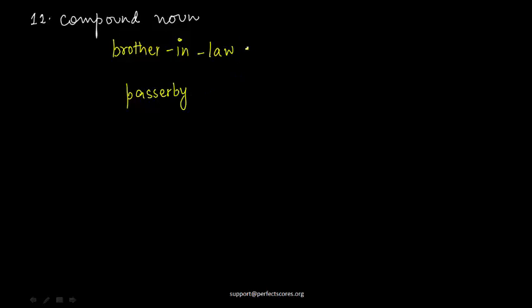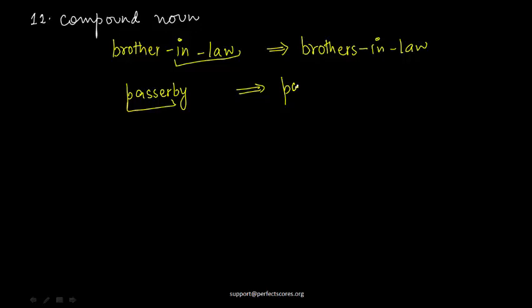Alright, now brother-in-law will not be converted into brother-in-laws because in-law is helping you define something about the brother. So instead, brother-in-law will get converted into brothers-in-law, or basically brothers by law. Similarly, passerby will not get converted to passerbys but to passers-by.